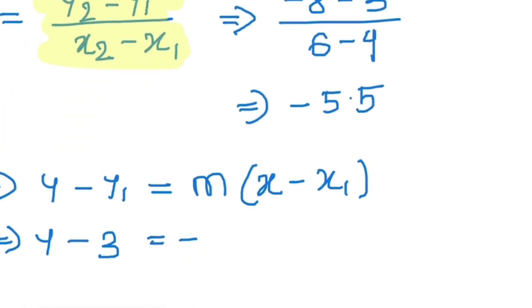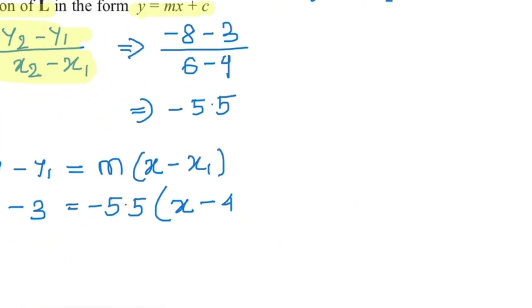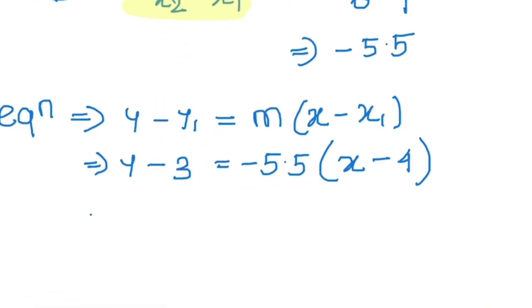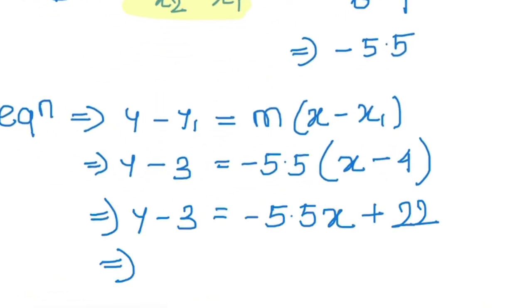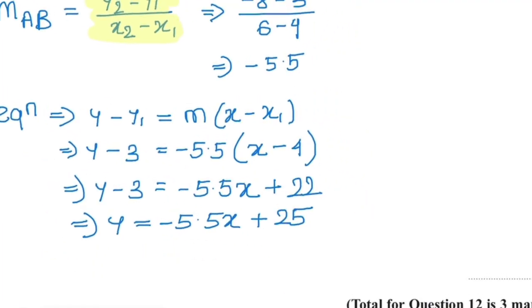Then the value for gradient we got was minus 5.5 times x will remain the same, x1 is 4. Okay, now if we just solve it, then if we just take the minus 3 to the other side, it's going to be positive, so it's going to be minus 5.5x plus 25, and this is the answer. This is the equation that they're asking for.